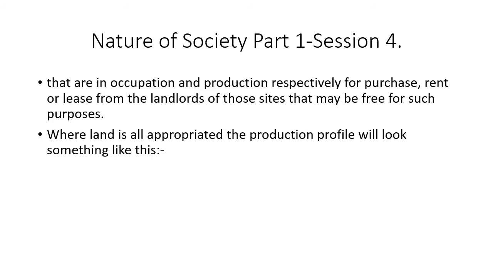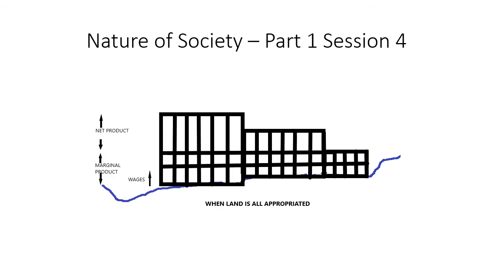Where land is all appropriated, the production profile will look something like this. So this is the production profile showing the marginal product and the net product and the wages arising from the marginal product. And this is when land is all appropriated.